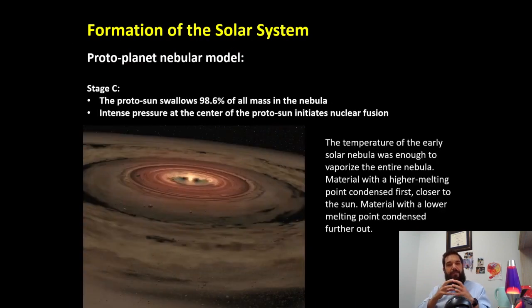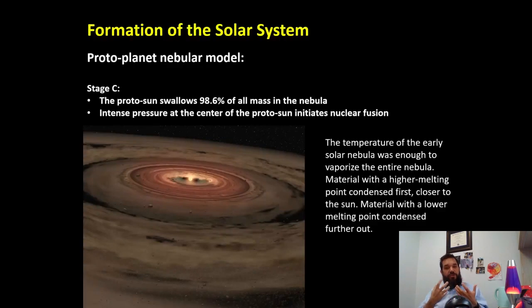As it collapsed, it started to spin faster and faster. That caused the cloud not only to collapse, but to start to thin out into a nebular disk, an accretionary disk. Over time, that disk became stable. It began to accrete into the planets.